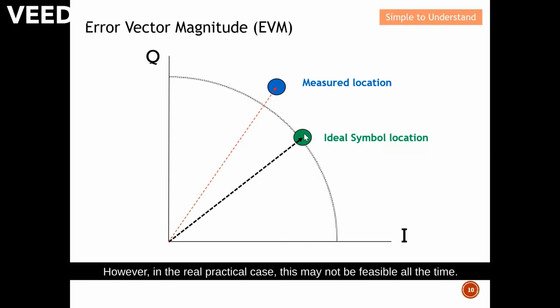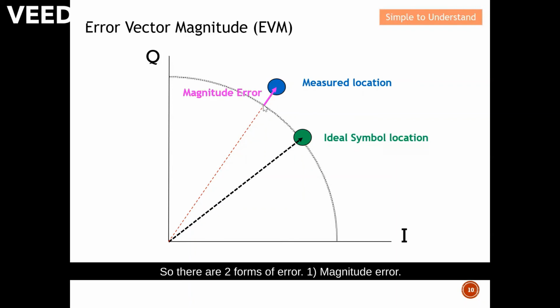However, in the real practical case, this may not be visible all the time. Some of the time there will be some deviation, and this is the indication of the deviation. The blue dot is where we measure. Instead of being exactly at this green dot, it appeared over here. So there are 2 forms of error.